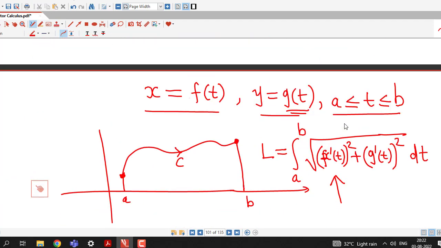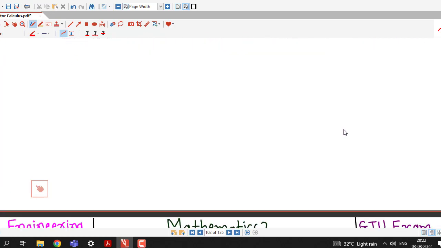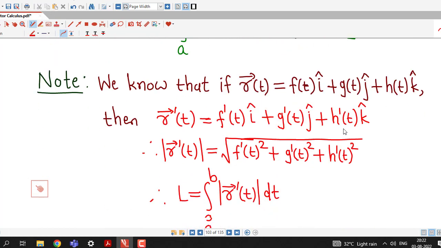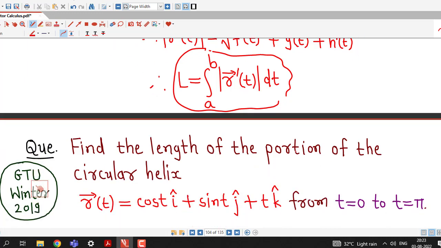Sometimes they ask this type of question in GTU exams. You have to find the length of a curve in space, and for that we remember this formula: L equals integral from a to b of the length of r bar dash t, integrated with respect to t.